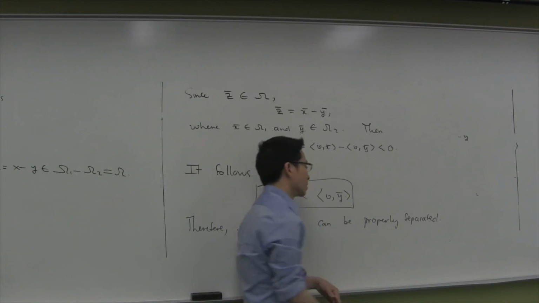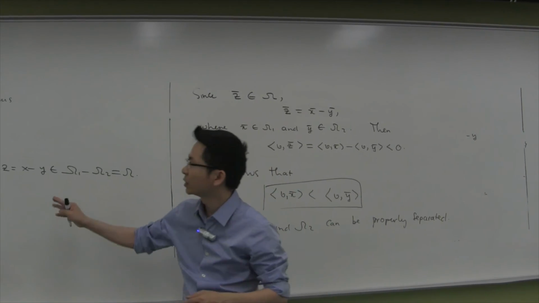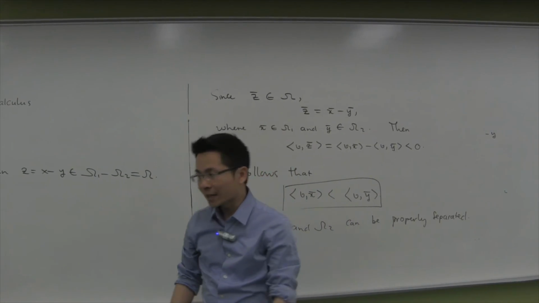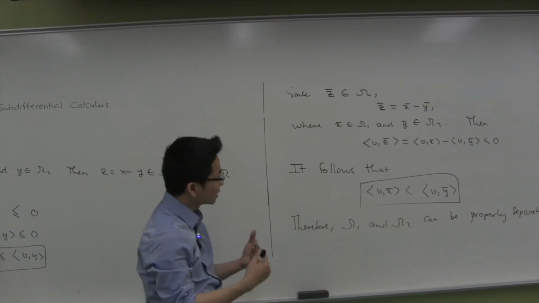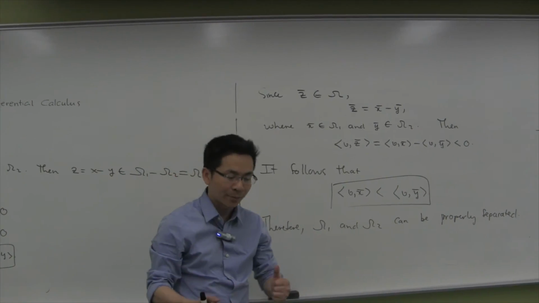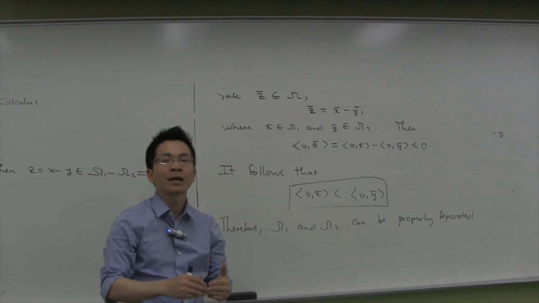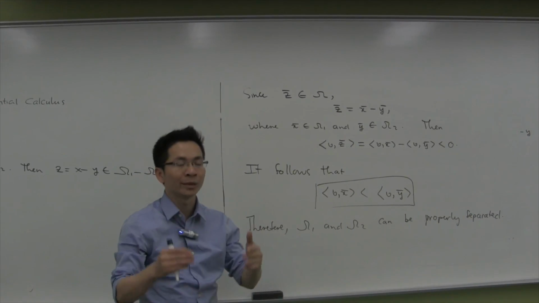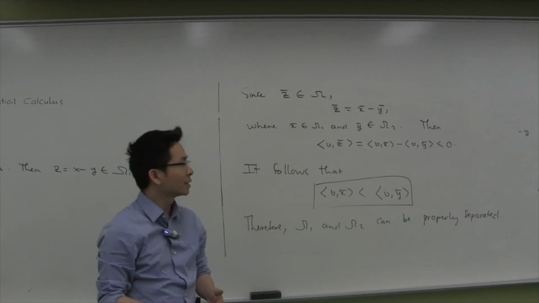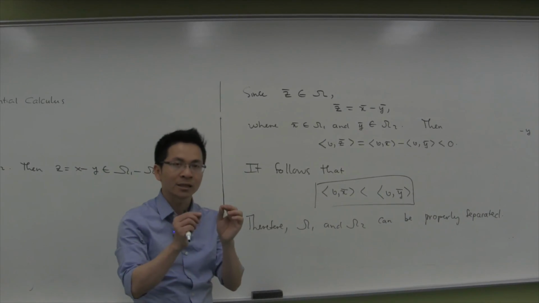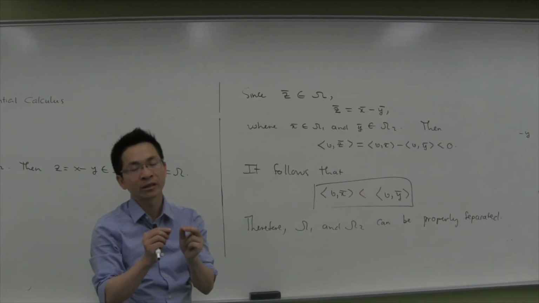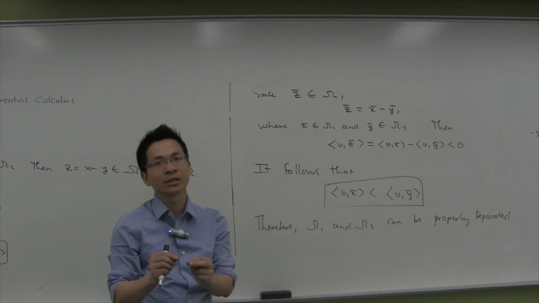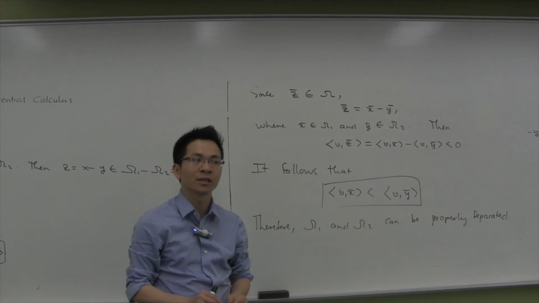Okay, so we have completed the proof of theorem 1. In the next lecture, I'm going to show the second part of the main theorem. That means if omega 1 and omega 2 can be properly separated, then the intersection of the relative interior of omega 1 and the relative interior of omega 2 is equal to the empty set.